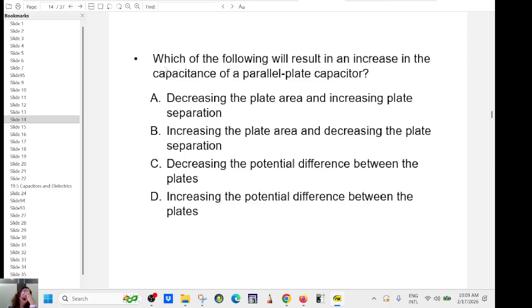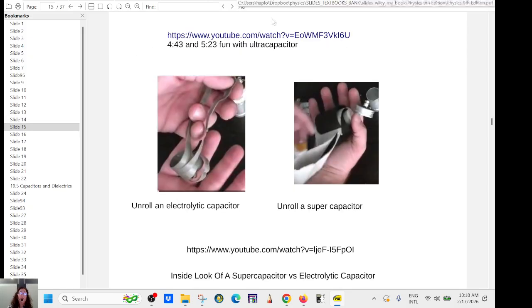So which one will result in increasing the capacitance? What can you do to increase the capacitance? B, very good, right? You decrease the distance, you increase the motivation, because of course plus wants to go with minus, and you increase the area, you increase the volume. If you have access to old capacitors, you can open them, and you see it's like a roll, and you have paper as an insulator.